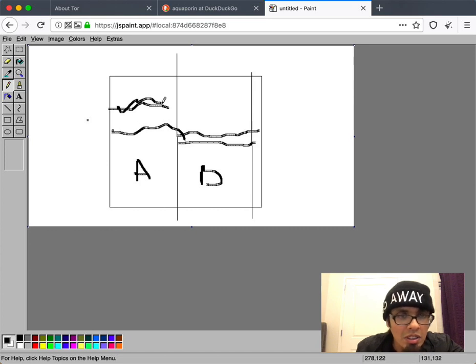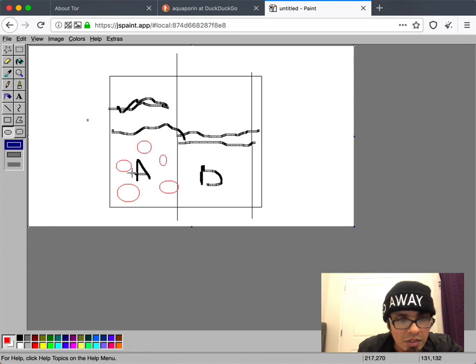Now, what happens if I drop a bunch of molecules in A, molecules that are non-permeable to the semi-permeable membrane? So let's say I have these red circles in A. So what will happen?